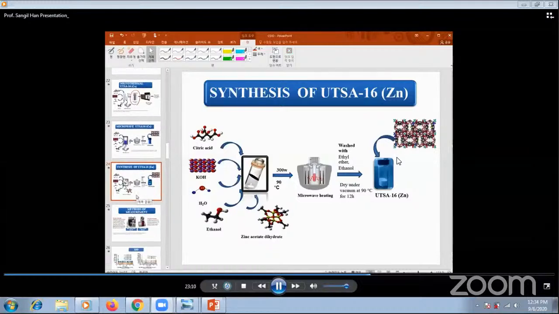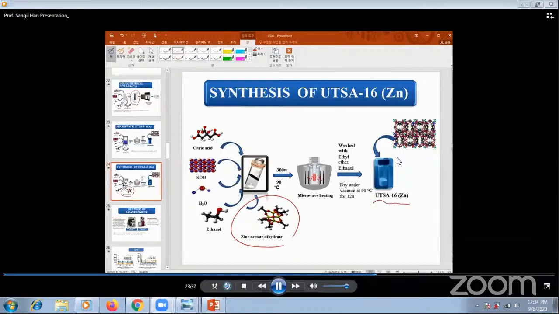We also replaced the cobalt metal with zinc on the previously developed UTH-16 MOF. The cobalt precursor was replaced by zinc acetate dihydrate. Under similar conditions, we produced the UTH-16 zinc.